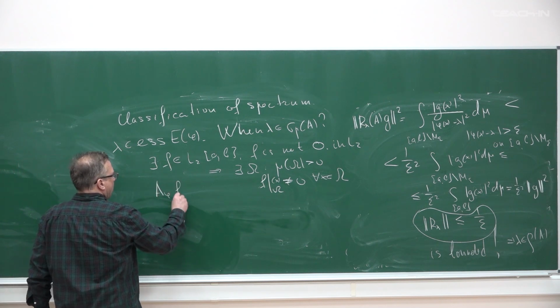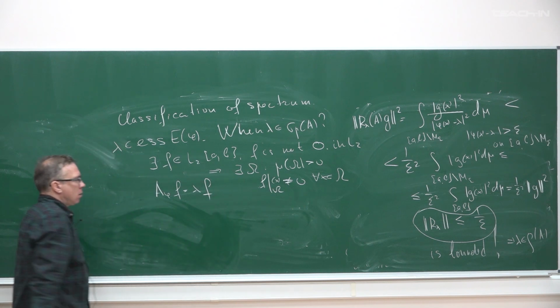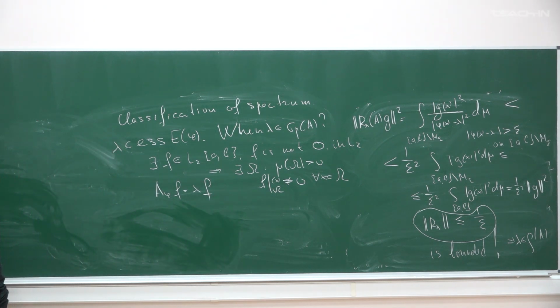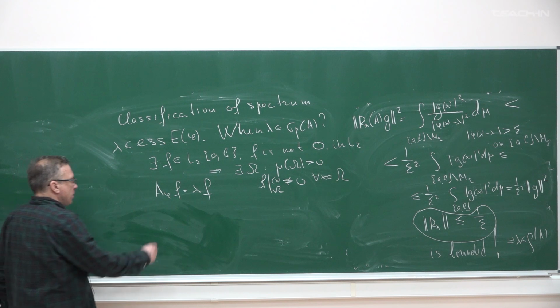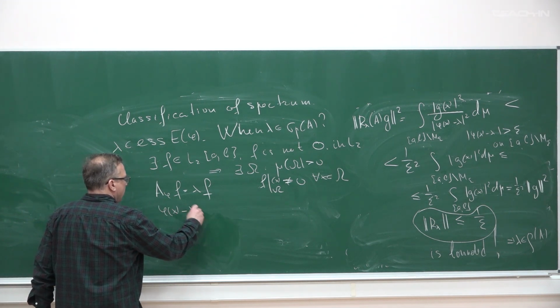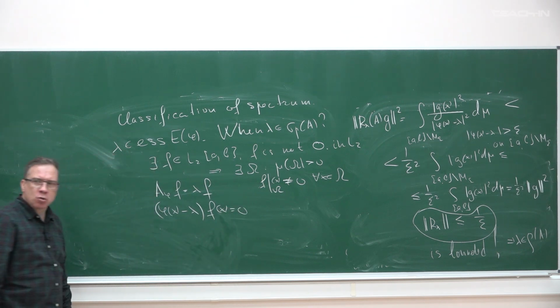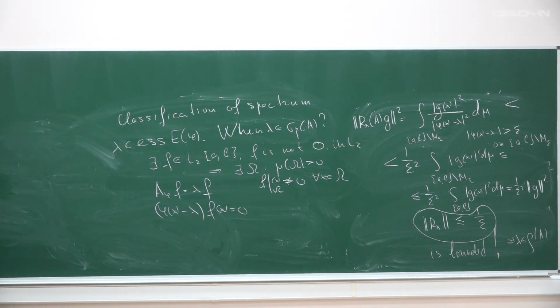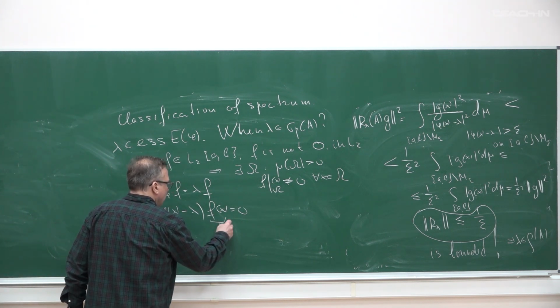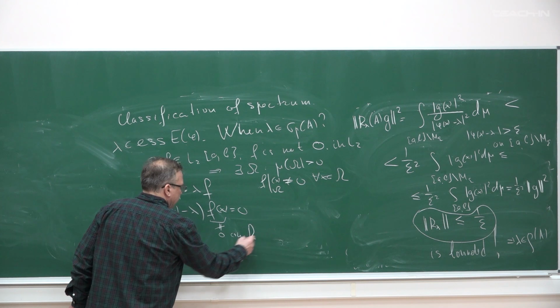And now consider this eigenvalue problem. It means that phi of x minus lambda times f of x must be 0 in L2. This product must be 0 in L2. And we know that f is not 0 on omega.